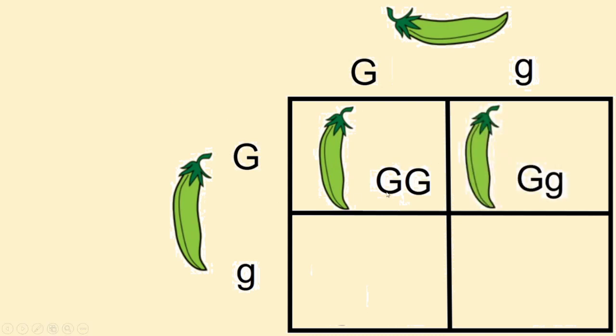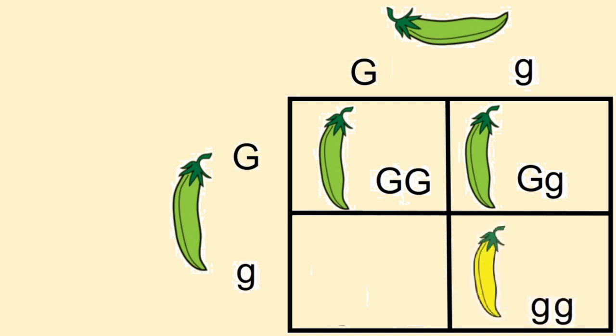Now these two offspring are different in their genes, but they still look the same. So two dominant green alleles produces a green pea. One dominant and one recessive still produces a green pea. But in this situation, we've got a recessive here and a recessive here.